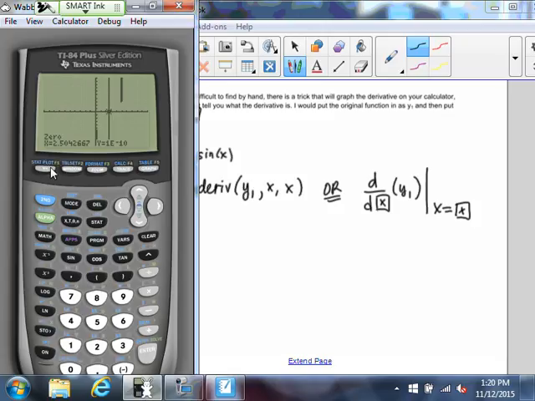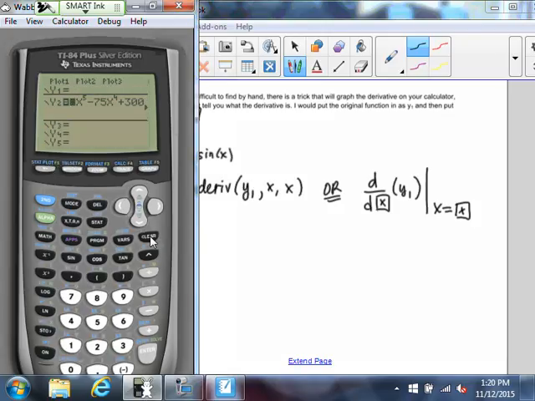So I'm going to clear out of these graphs here. Okay, so we're going to do x raised to the sine of x. So that's our y1. And then for y2, you can graph the derivative by doing math 8. That's our nDeriv. And then this is a newer calculator, so it says like that.